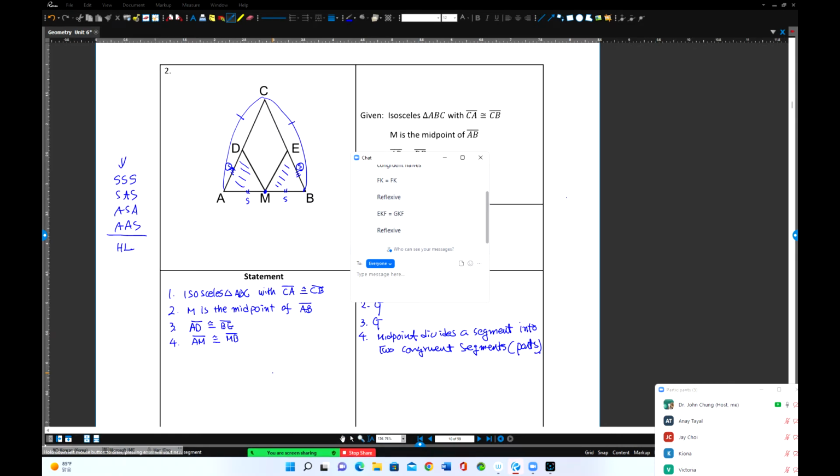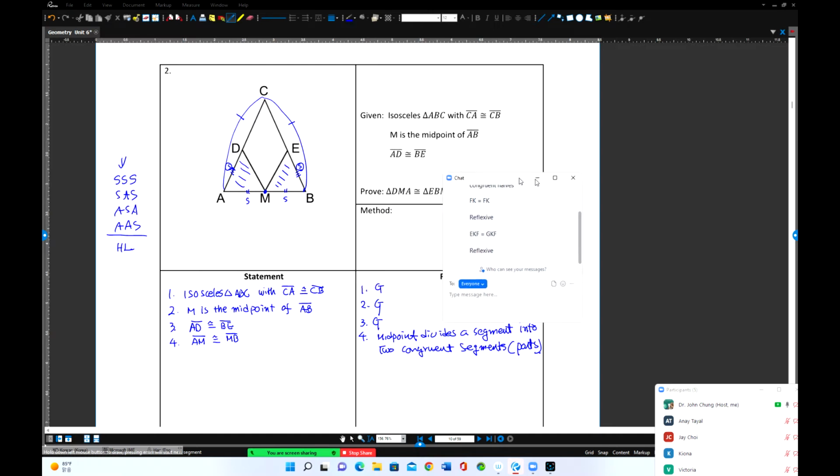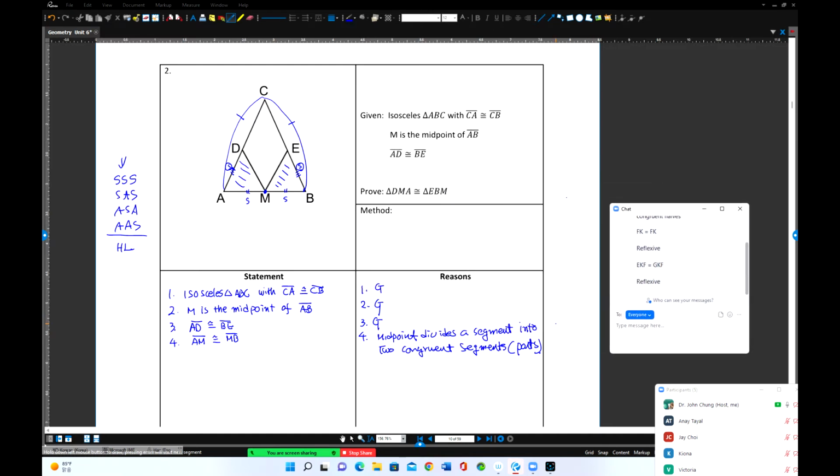To prove the triangles congruent, we have only two sides. Where is one more? Can you find one more thing?